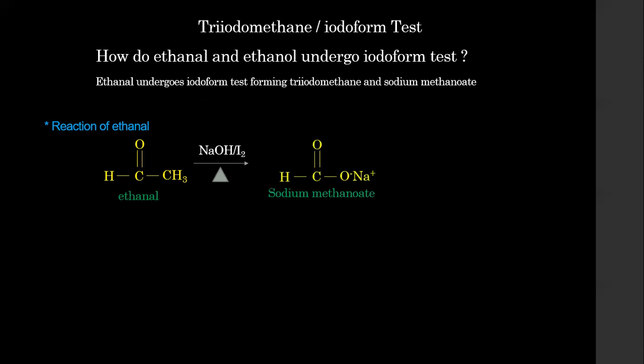The reactant has two carbon atoms. So when this ethanal undergoes this iodoform test to make sodium methanoate, the CH3 part has gone out and it has converted to iodoform or triiodomethane. It's a pretty simple, straightforward reaction.